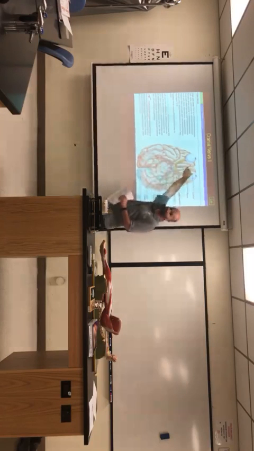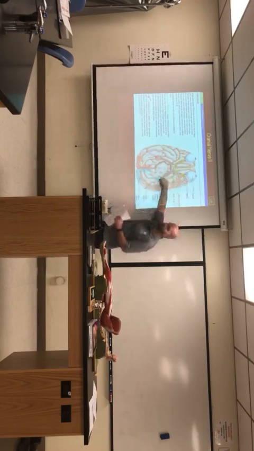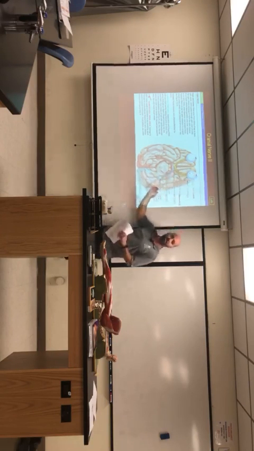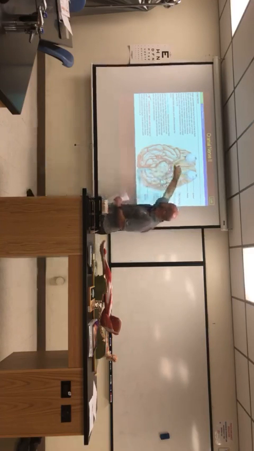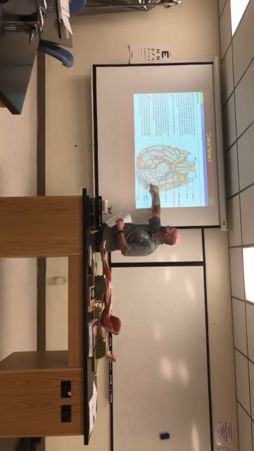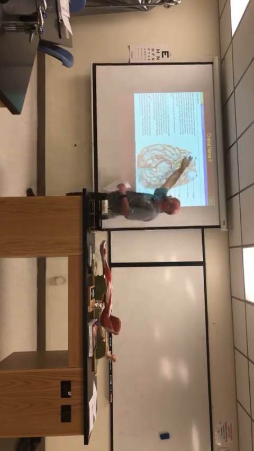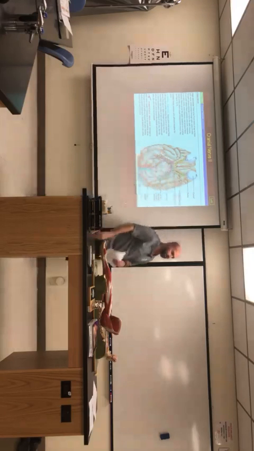But left visual field inputs from the right eye remain ipsilateral. So those are the ones that stay on the same side, because it's from the left visual field, so it's already where it needs to be, on the right side of the brain. Left visual field from the left eye crosses to the right primary visual cortex. Right visual field from the left eye remains ipsilateral, to the left primary visual cortex.